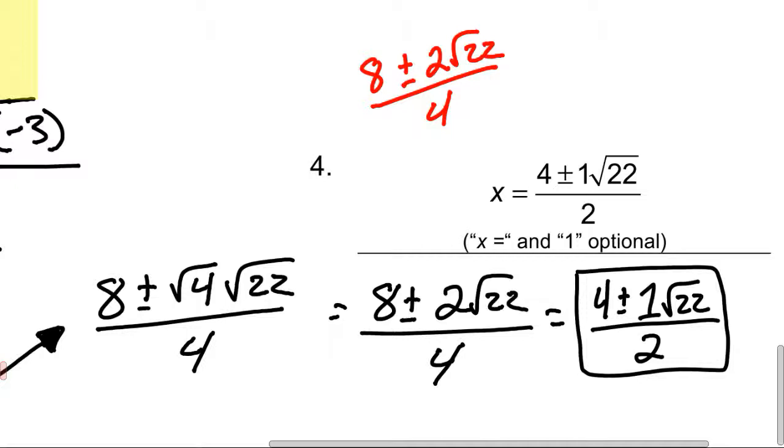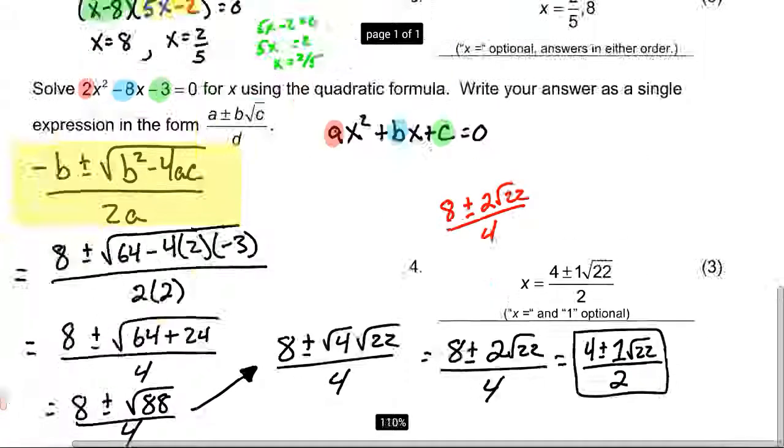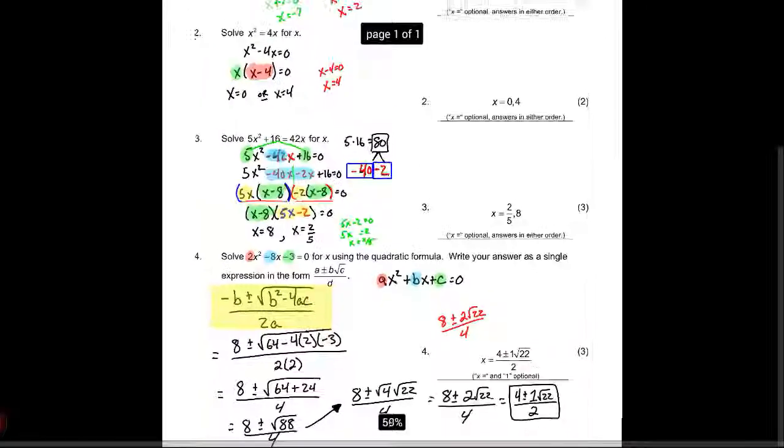What number goes into all three of those? Well, the answer is a 2. How many times does 2 go into 8? 4 times. How many times does 2 go into 2? 1 time. How many times does 2 go into 4? 2 times. And then this would be your final answer. So, that is all. Godspeed.